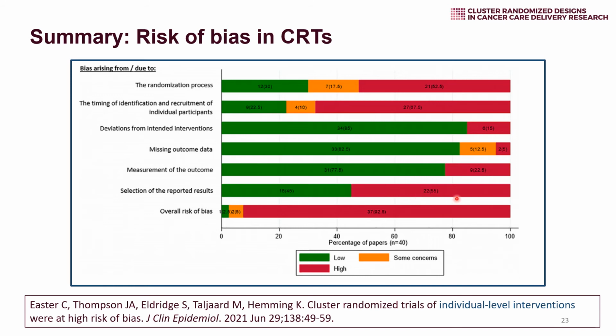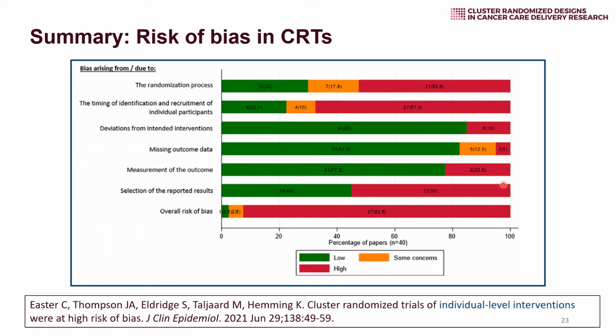But perhaps interestingly, a large proportion, over 50%, were assessed to be at risk of bias because of the selection of the reported result. Again, this likely arises because cluster randomized trials don't apply the same level of rigor that we are used to applying to individually randomized trials.